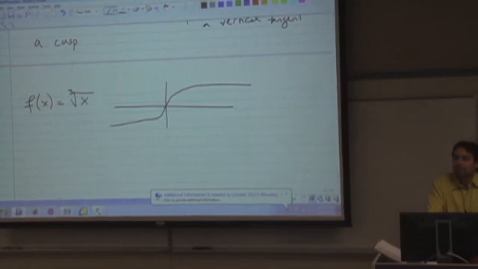What about sine and cosine? Would they be like that too? No, as it turns out, cosine and sine, we'll find this out probably on Wednesday, but the derivative of cosine is negative sine, and the derivative of sine is cosine, which means they're going to be continuous and differentiable everywhere.